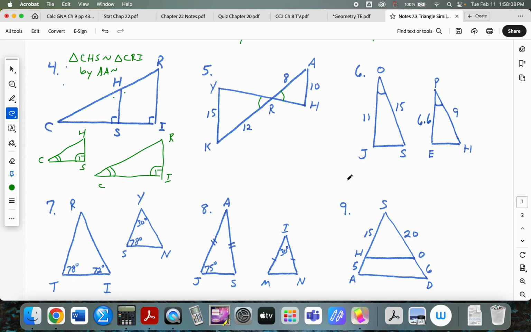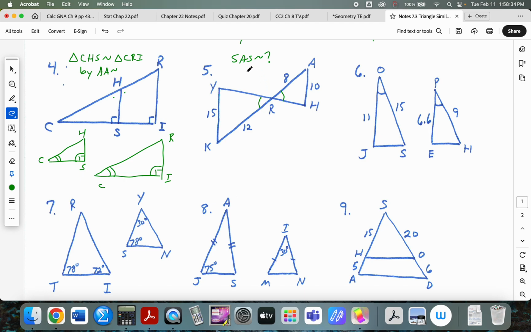That's not enough. Let's look at the sides. This can't be side, side, side because I don't have all three sides in both triangles. Can it be side angle side? Because that's my only other hope at this point.